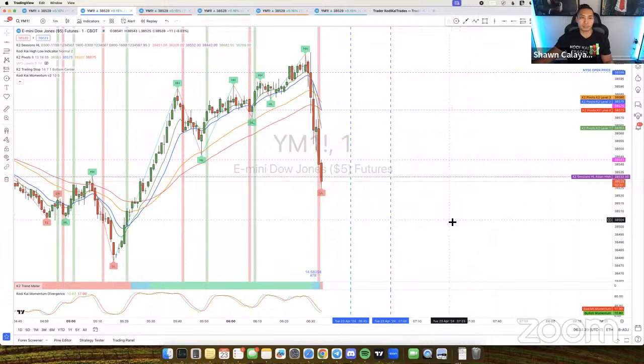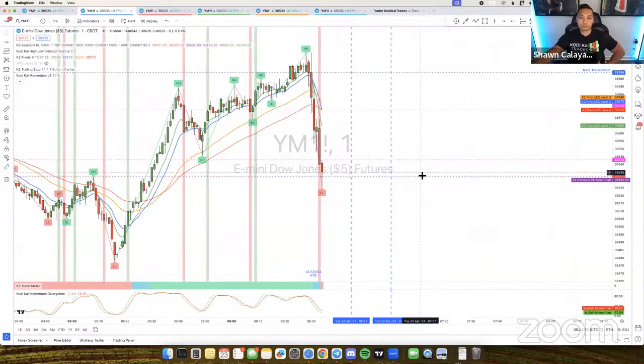There's a couple key things here. A lot of people don't realize they're just small things that happen in the market that we can take advantage of. So we got nothing over here right now. We're just waiting. Price is currently rejecting off these sessions down here, the area of manipulation.